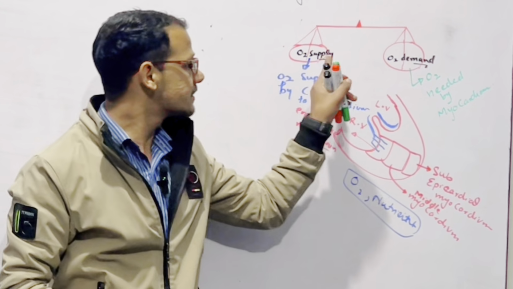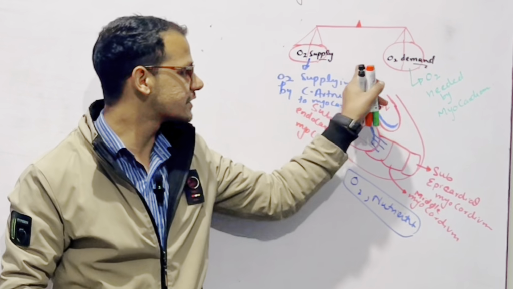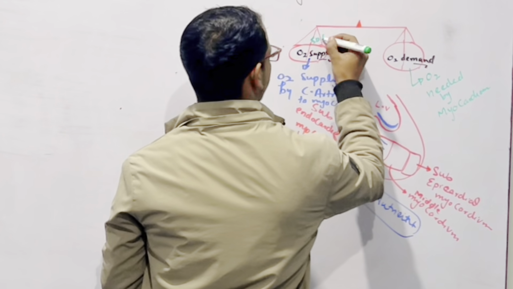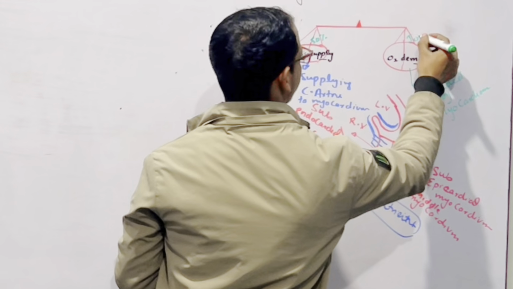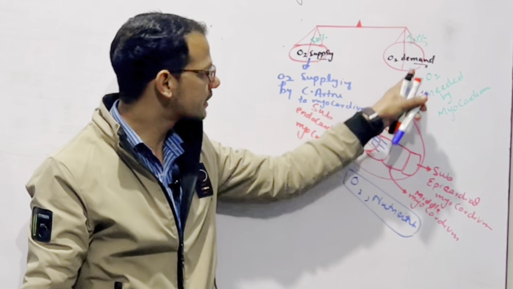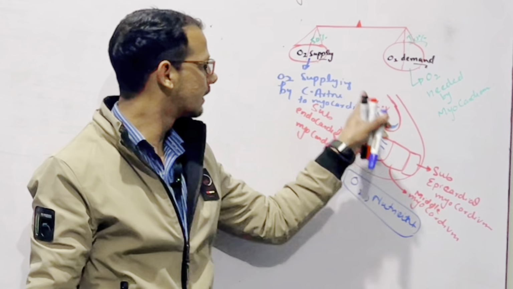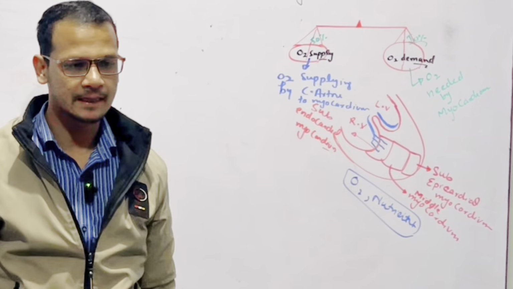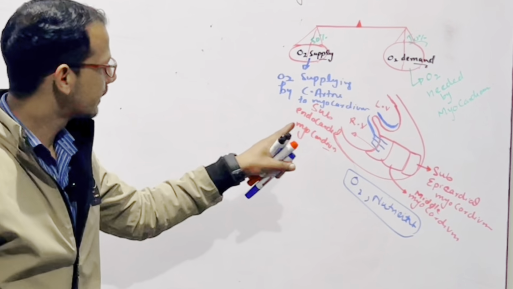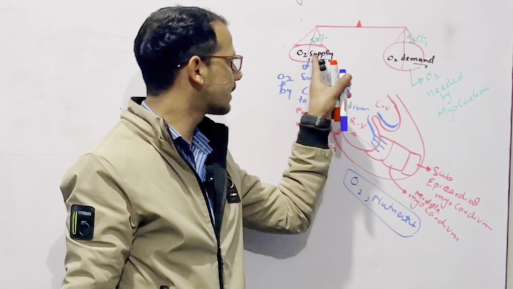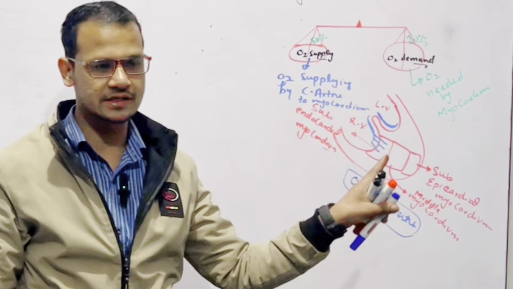Mainly oxygen supply and oxygen demand are in balance, 50% and 50%. If the myocardium needs 50% of oxygen, the coronary circulation supplies 50%. If demand increases, oxygen supply also increases in normal conditions.